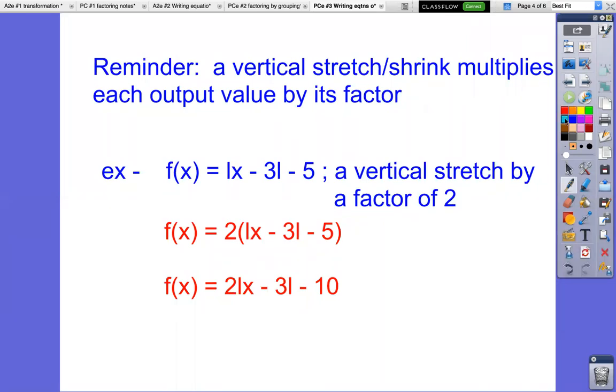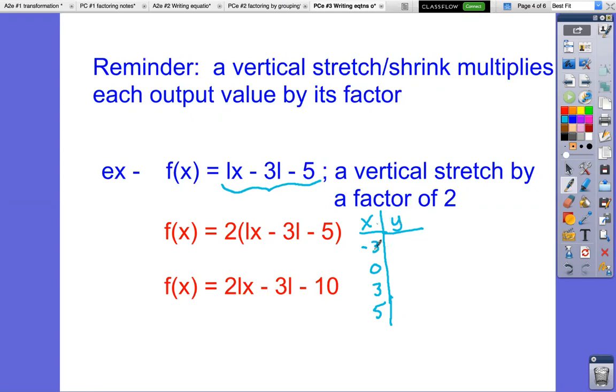And I'll change colors here. So let's just pretend like we completely forgot how to graph this. So I'm going to say x is -3, 0, 3, and 5. So my original drawing, I'm just going to go through and make the points for my original drawing.